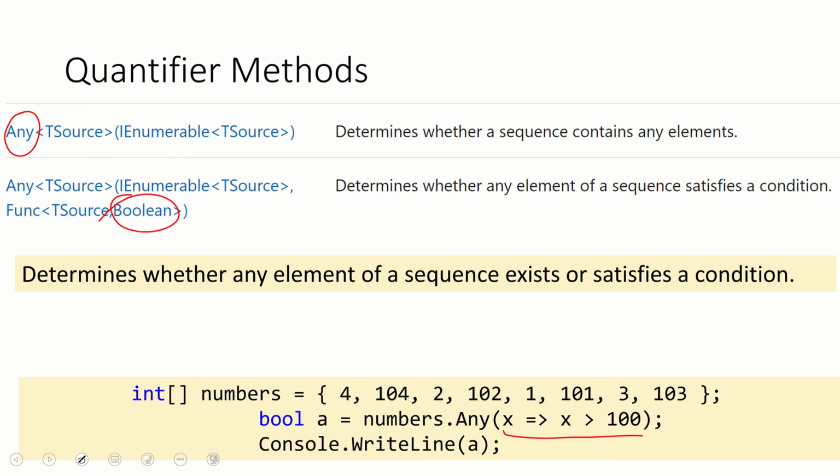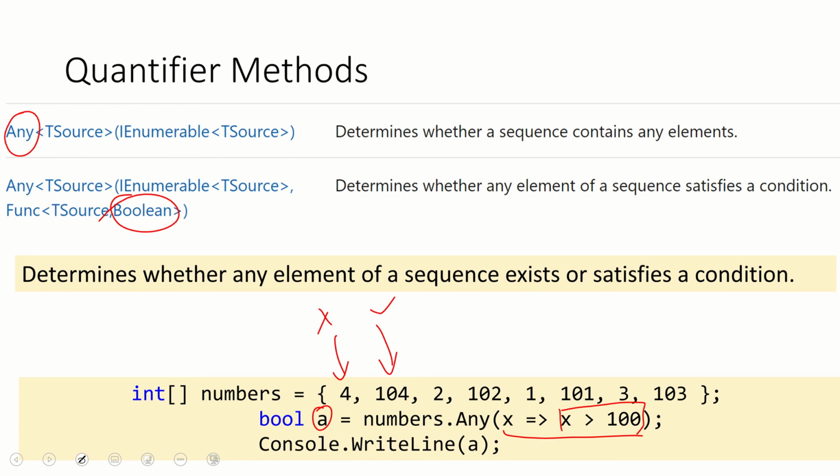If we do the same method, you can find the condition here. First, we are trying to check whether one of the elements is greater than 100. So we compare this one with 100, obviously no. This one compared to 100, yes. As long as one of the elements is greater than 100, Any will return true.